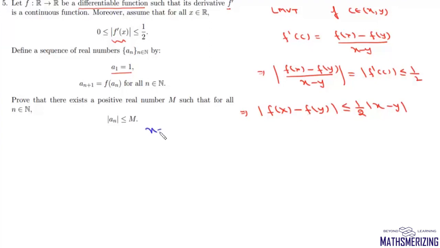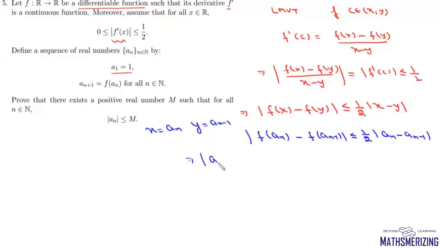Now we'll take x as a_n, y as a(n-1), then we can write this as mod of f(a_n) minus f(a(n-1)) is less than or equal to 1 by 2 mod of a_n minus a(n-1). Now f(a_n) is a(n+1), so we can write this as mod of a(n+1) minus a_n, and it will always be less than or equal to 1 by 2 mod of a_n minus a(n-1).